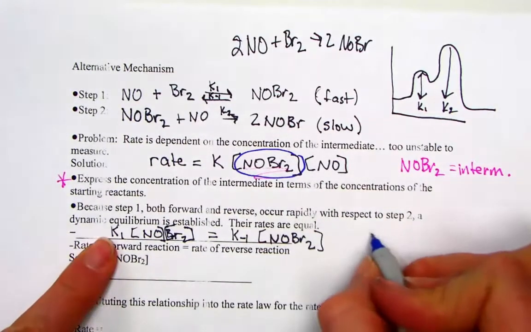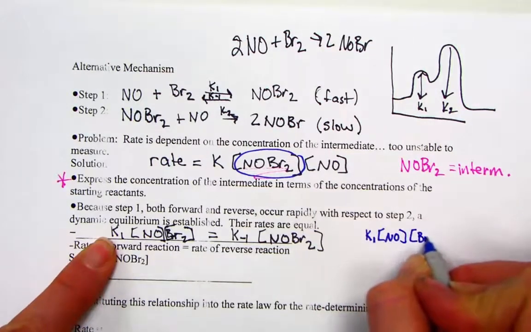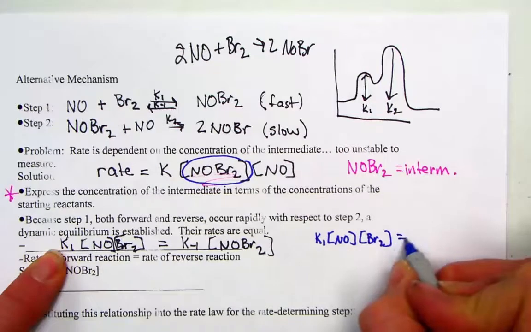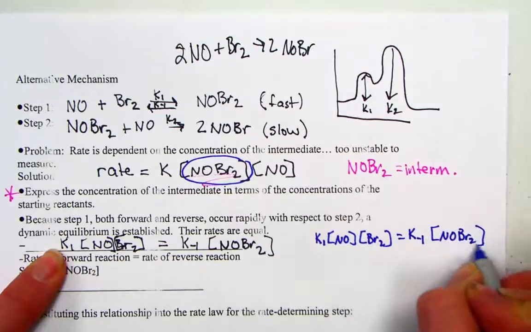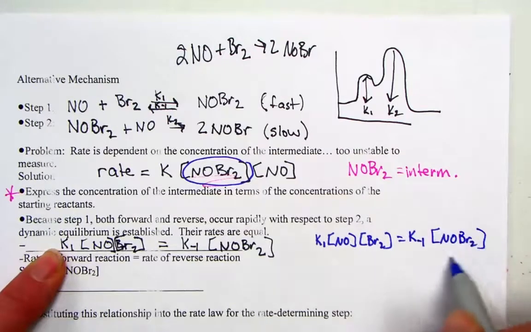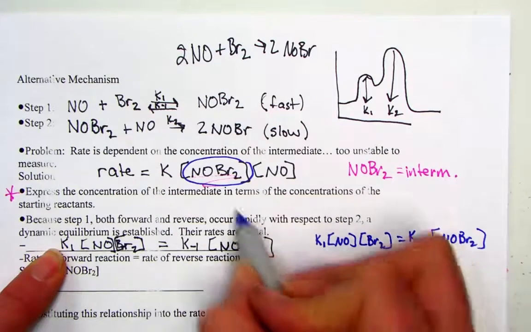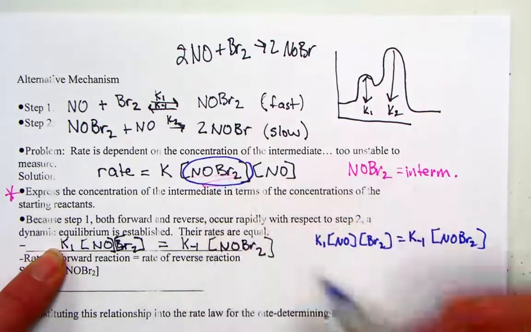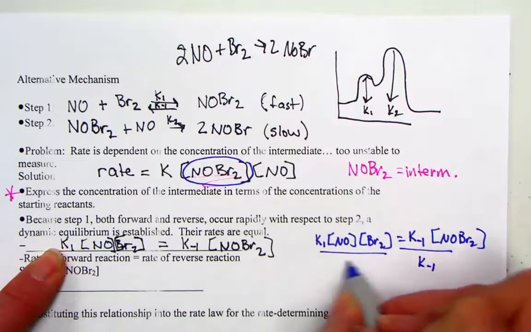If I have K1 times the concentration of NO times the concentration of Br2 set equal to K-1 times NOBr2, I want to solve for NOBr2 in terms of the initial reactants so I can sub that into the observed rate law. So let's just divide both sides by K-1.